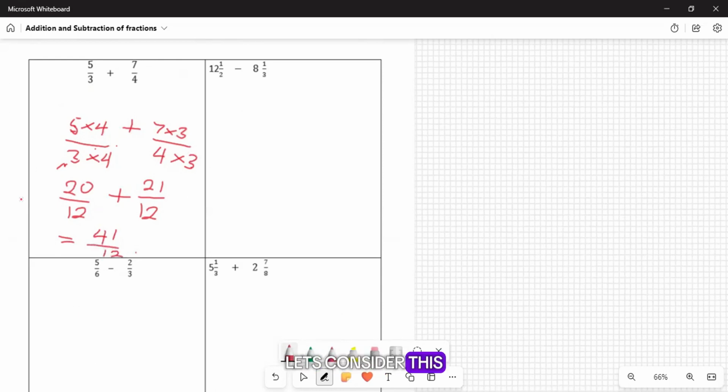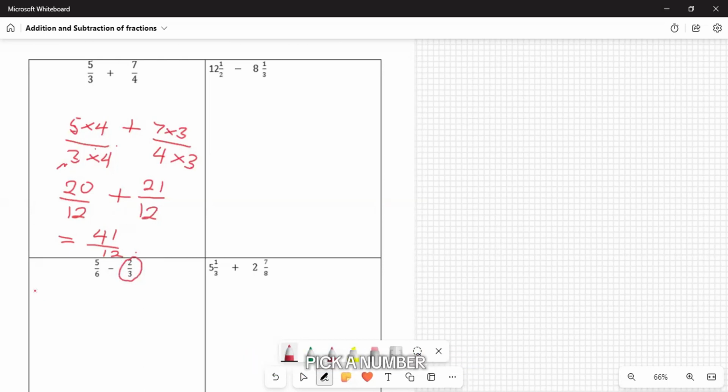Let's consider this one. We have 5 over 6 minus 2 over 3. And we are looking for a number that 6 can go through and 3 can go through. When we think about that number, it's 6, because 3 can go through 6 and 6 can also go through 6. So what we have to do is first manipulate this to get an equivalent fraction for it.